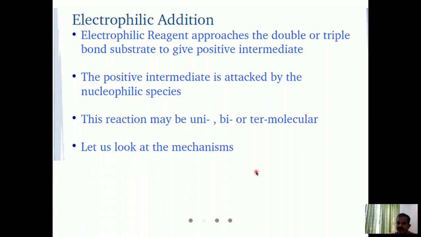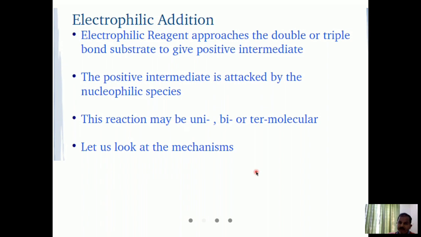All of you know about electrophiles. Electrophile means electron loving species. So how will this approach a double or triple bond and how will it give positive charge? If a double bond or triple bond is there, the bond pair will move towards one of the carbons, the electrophile will attack there, and the other carbon will develop the positive charge, and this will be the intermediate.